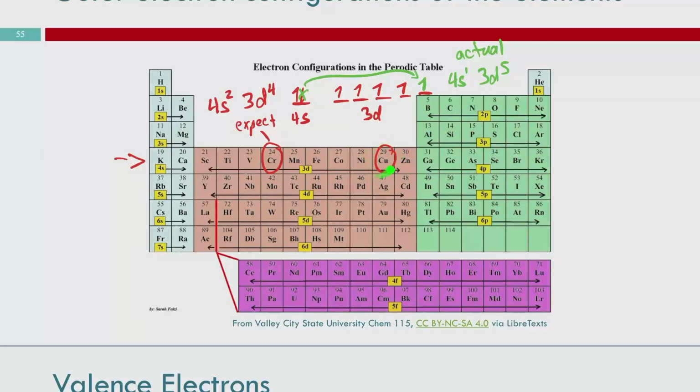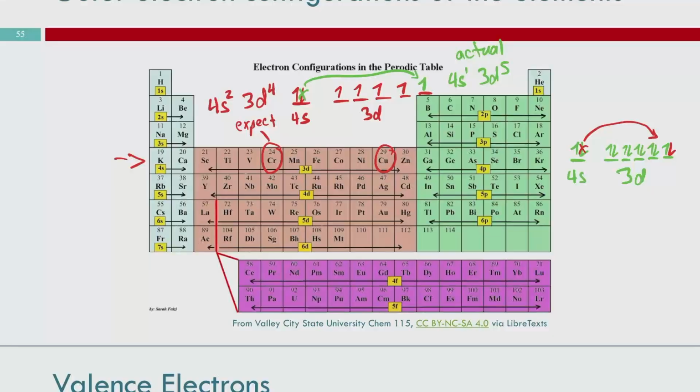And it's a similar idea for copper. So for copper, we would have the expectation for our 4s, so up, down. And then for our 3d, we've got our 5 boxes indicating 5 shapes. And we are just one short of a full d shell. And so a similar thing happens. The d orbitals swoop up one of those electrons.